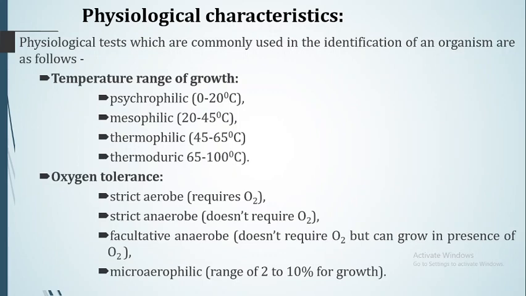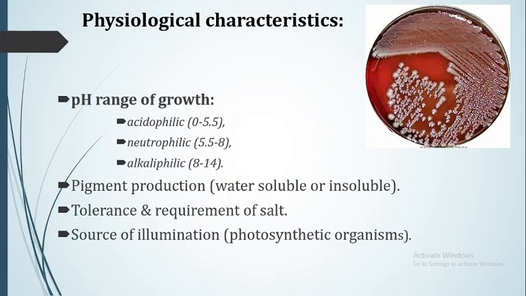With respect to oxygen tolerance, strict aerobes require oxygen for growth, while for strict anaerobes, oxygen is lethal. Another group is facultative anaerobes, which do not require oxygen, but can survive in the presence of oxygen. Another is microaerophilic, which require 2 to 10% oxygen for growth.